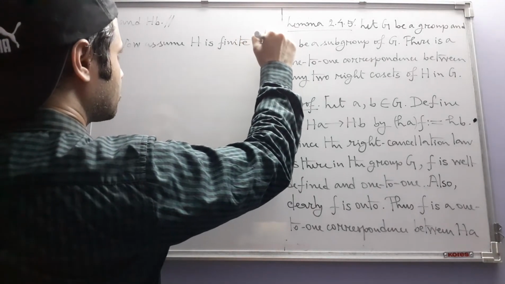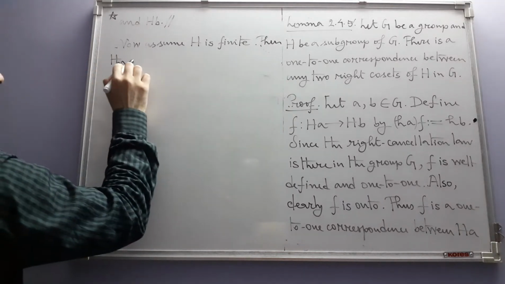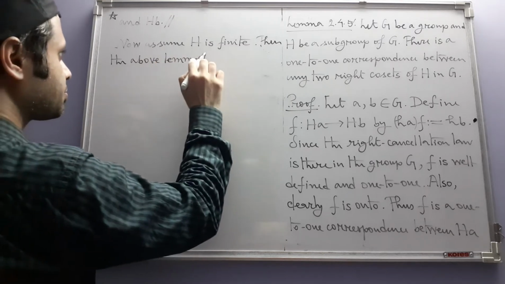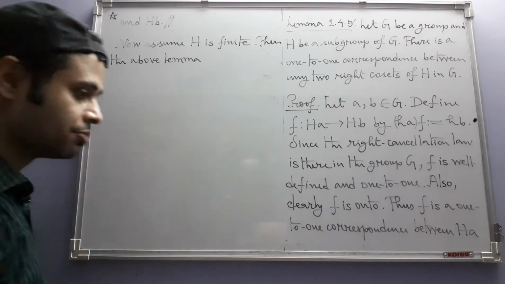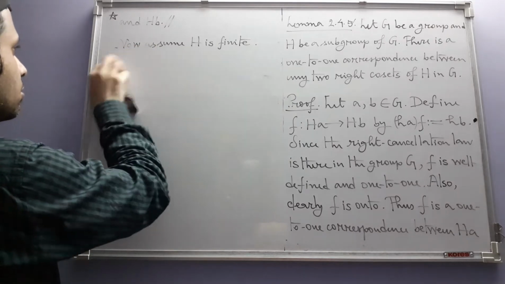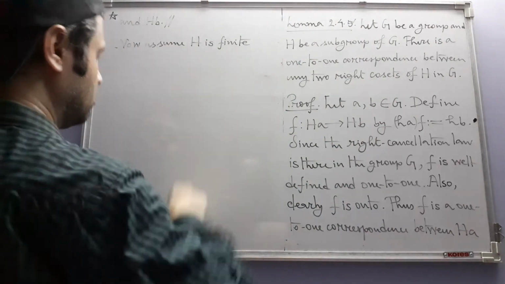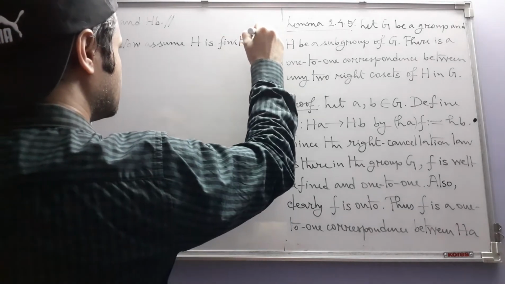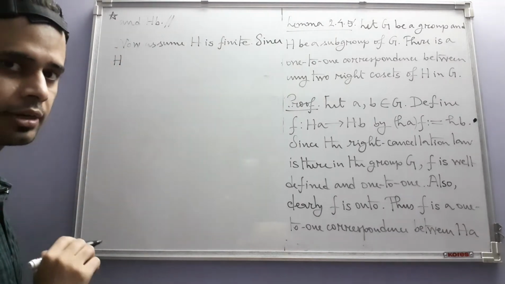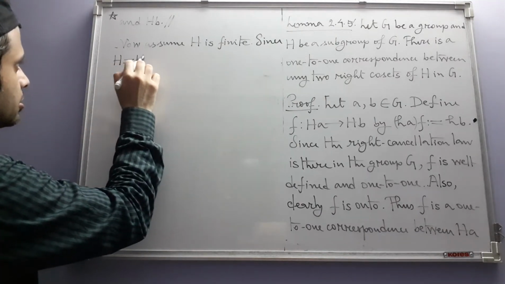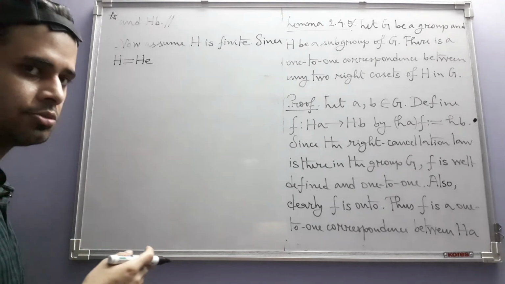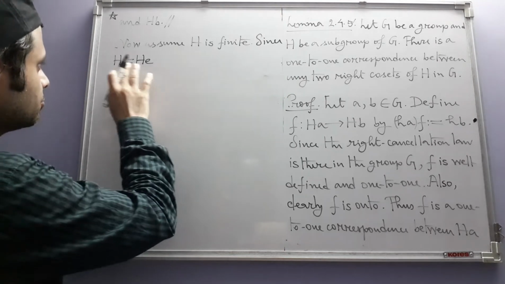Then the above lemma, but before I write this sentence, I should mention this. Since H itself is also a right coset of H, which is this right coset HE. You take the product of every element of H with E, you will get those elements back. So we get H back.